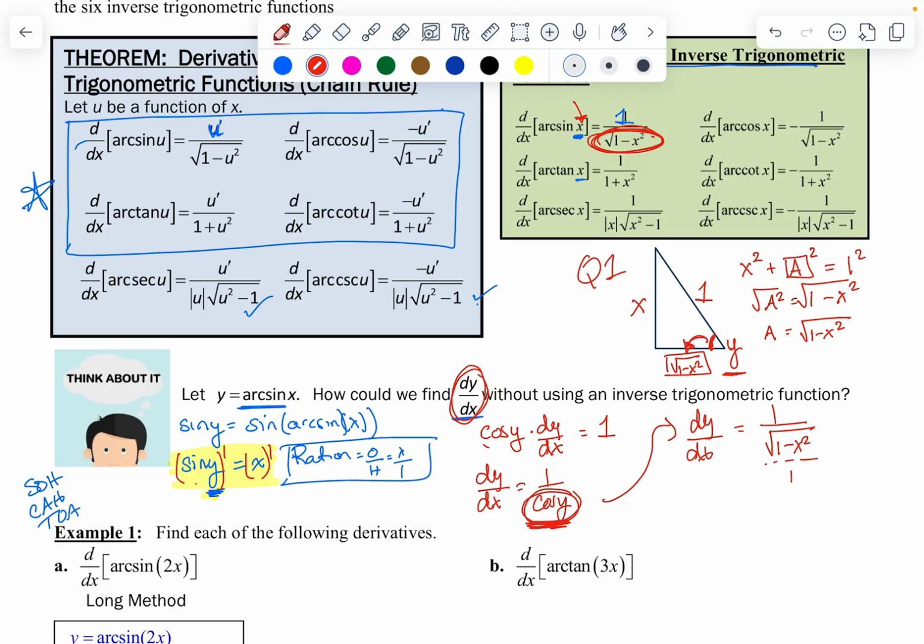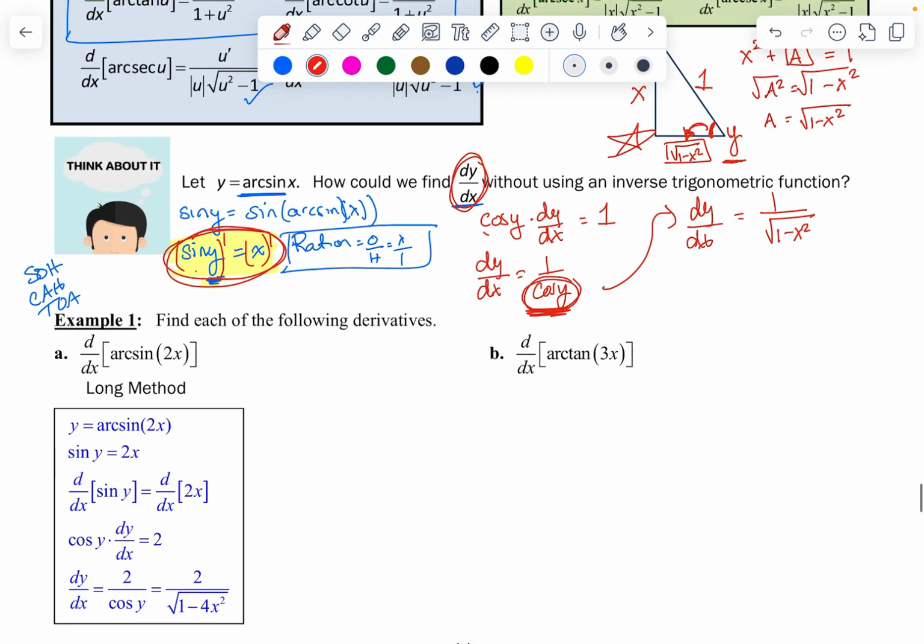But of course, we don't write the over 1. And that is how these formulas came to be. They all got derived from the trig ratios using the triangle and rewriting it in terms of x.